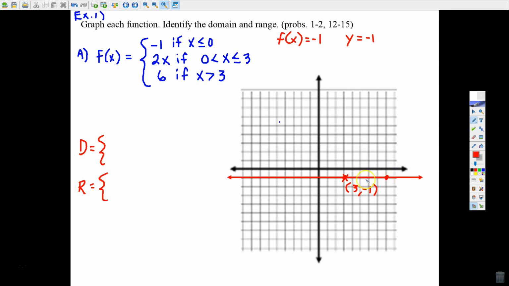Any of these ordered pairs, I'll just throw a couple examples. This is the ordered pair 8, -1. Obviously 8 doesn't fit this description either. So in general, none of the numbers to the right of x equals 0, which is the y-axis, will fit in this domain restriction.